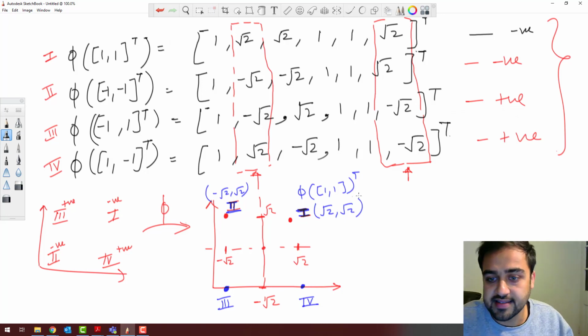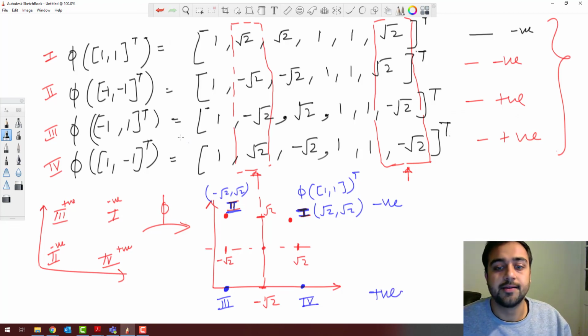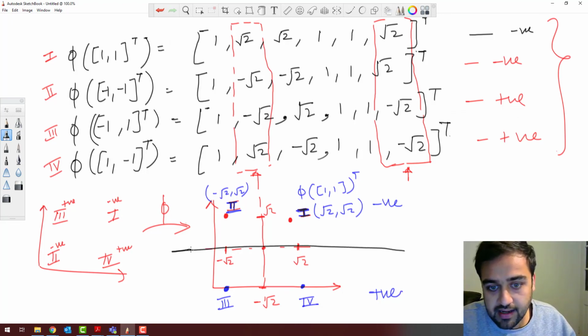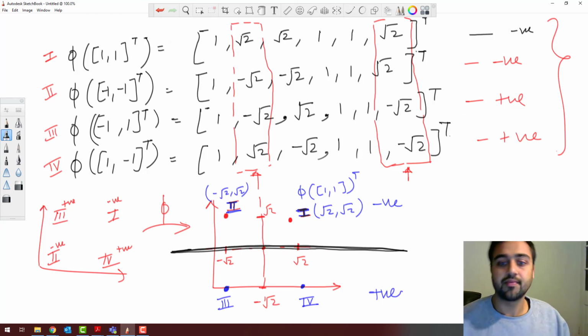Now, as you know, the first and second points were of negative class. Third and fourth points were of positive class. So if we project these points onto a higher-dimensional plane, you see these points become linearly separable, right? So this is the fundamental technique or the reason to use kernel tricks.